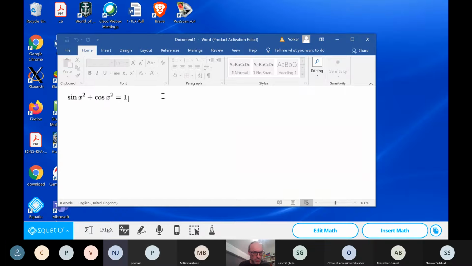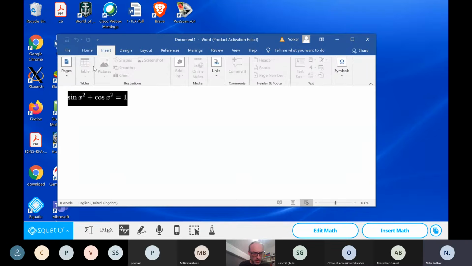I guess it will be in insert equation. You can go to insert. And then Volker, there you can just press Alt plus equals. I'm trying here. Alt plus equals doesn't do anything. Maybe it's because the product activation failed. I don't know.